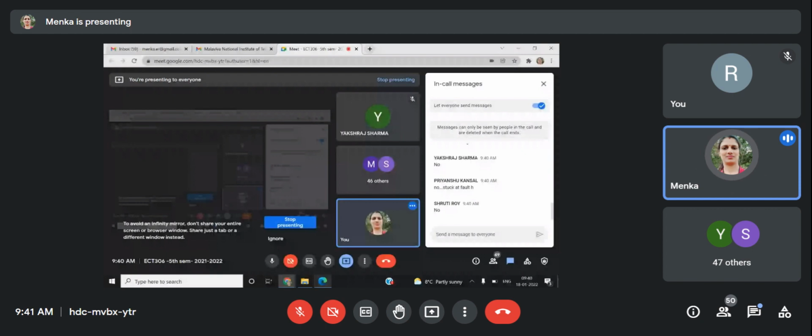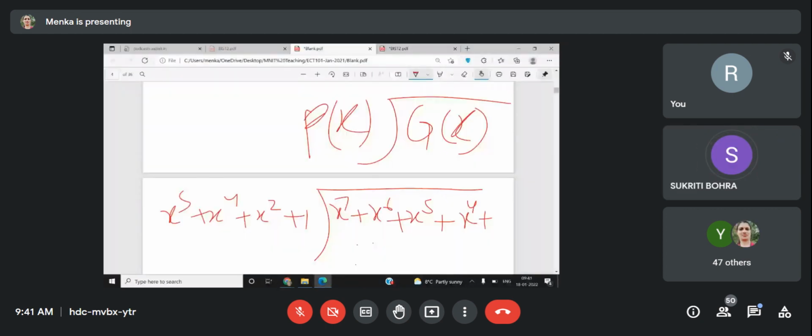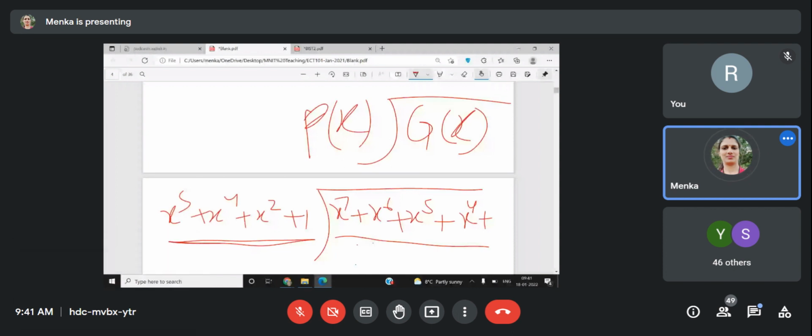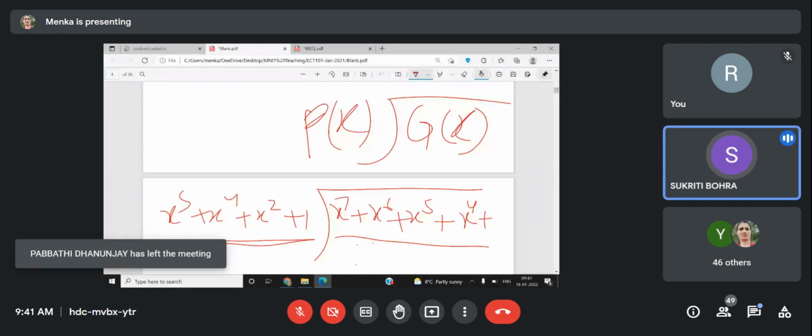What can you see right now on the screen? What is visible? Please let me know. Google Meet screen. Now we can see p(x), g(x) divided by p(x). Okay, and this is also visible, the expression which I'm going to underline. Yes, ma'am. Now it's visible.